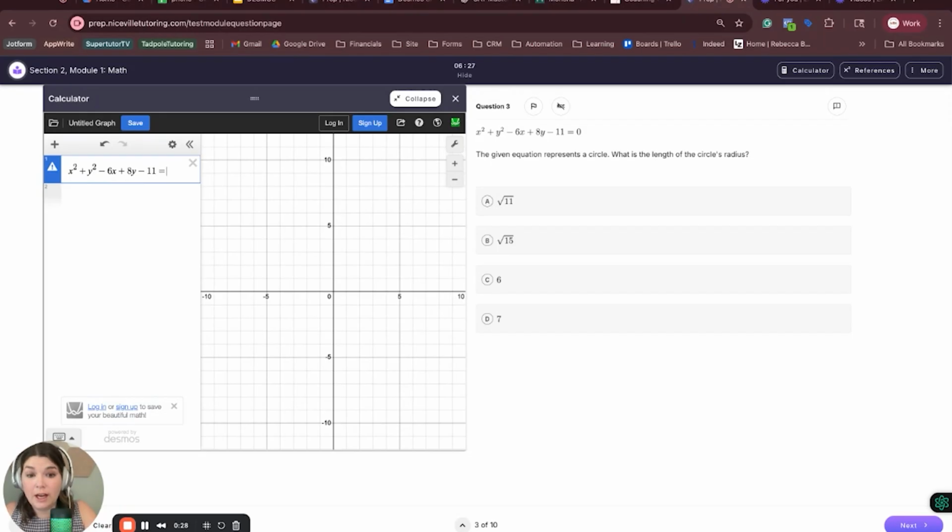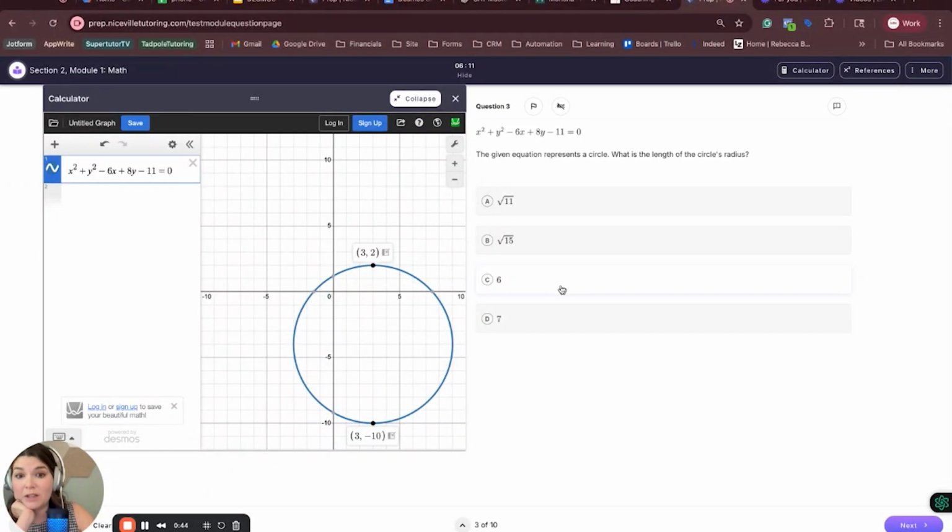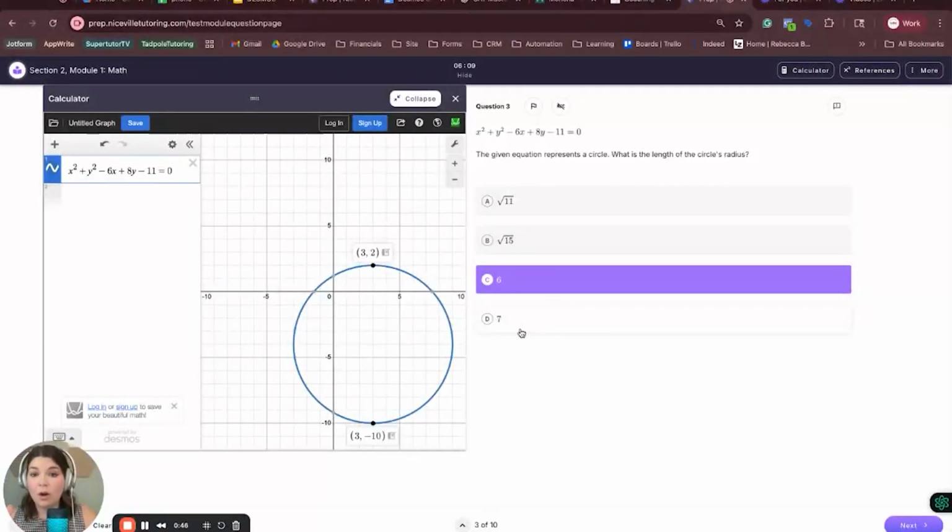So I'm literally just typing in the problem. I see a beautiful circle, and then we know radius is half of the diameter, but it's a little bit easier just to look at the diameter. So we see it's a 2 here and a negative 10. So that whole diameter is 12, which means the radius is going to be 6. So basic hack, see a circle, put it into Desmos, at least just to visualize it.